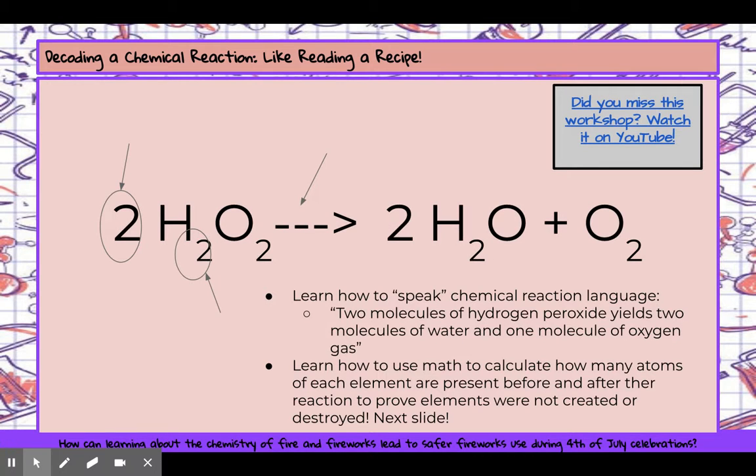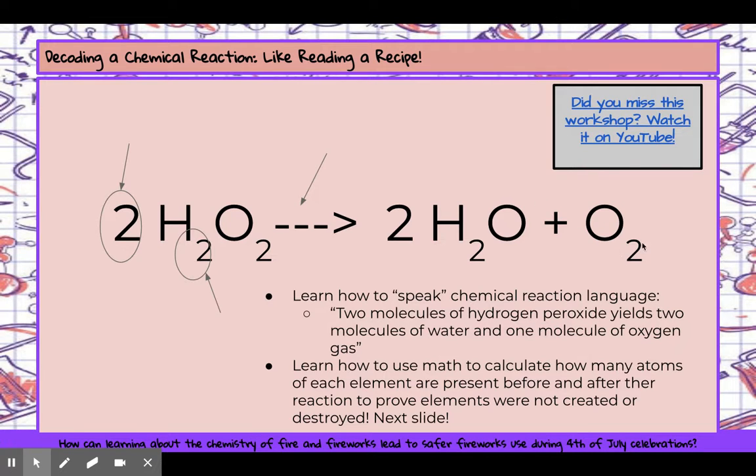Okay, so this is a reaction that you guys have all experienced if you've ever put peroxide on a cut. So hydrogen peroxide is H2O2. That's the formula for peroxide. And when you put peroxide on your hand or your cut, it immediately bubbles up, right?